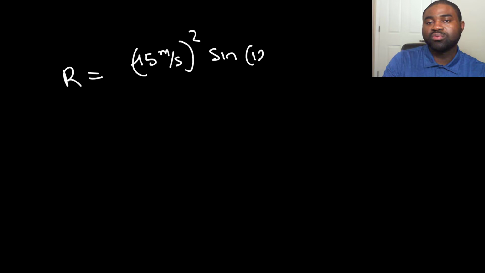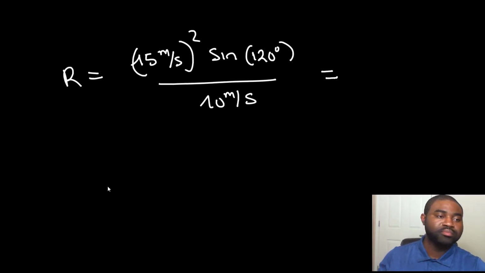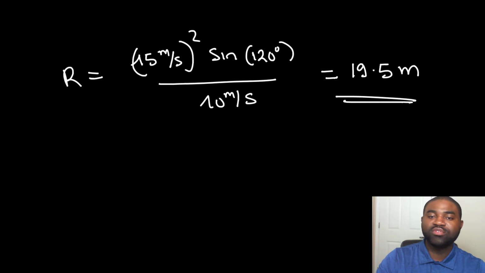So if we feed in the values, the range will be equal to 15 meters per second, all squared, the sine of 120 degrees, all divided by 10 meters per square second. And if you do that calculation, it winds up to be about 19.5 meters, and that gives you our range.